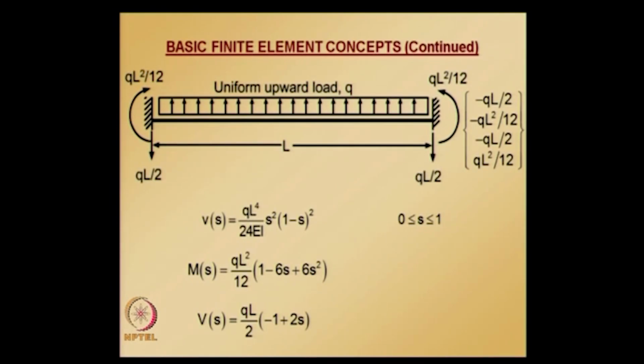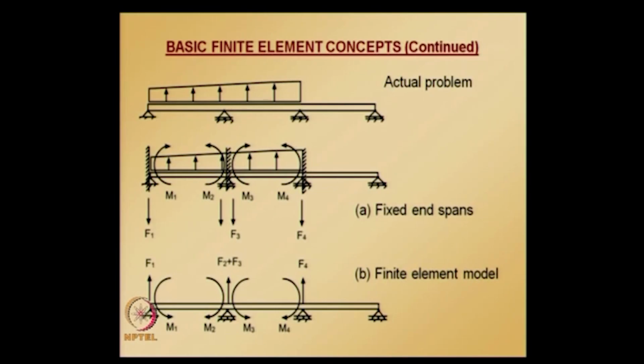So the actual problem, irrespective of the boundary conditions, what we will do is we will assume each span to be fixed, and we get these fixed end moments which I just showed you for a fixed end beam subjected to uniform upward load.